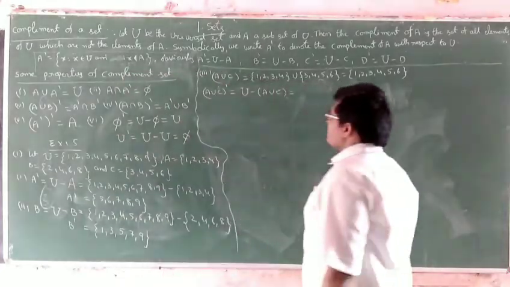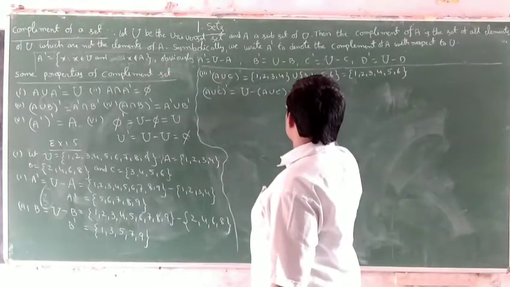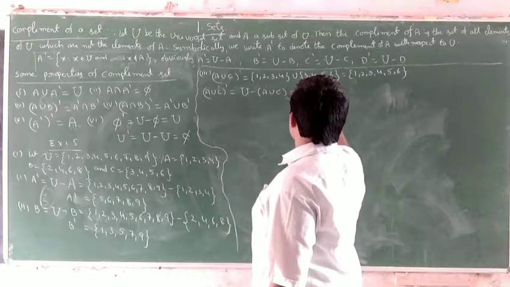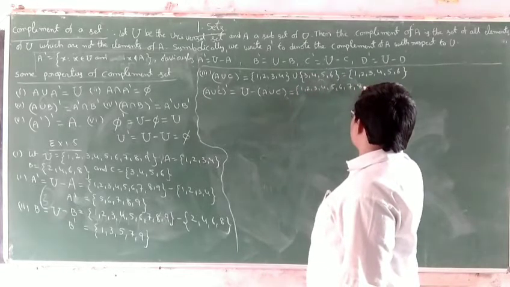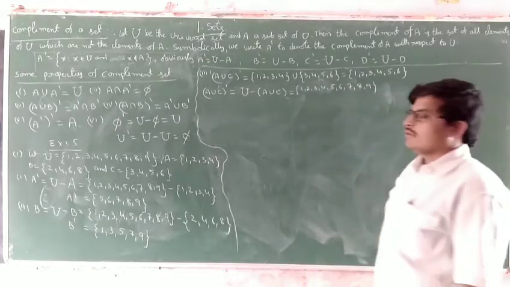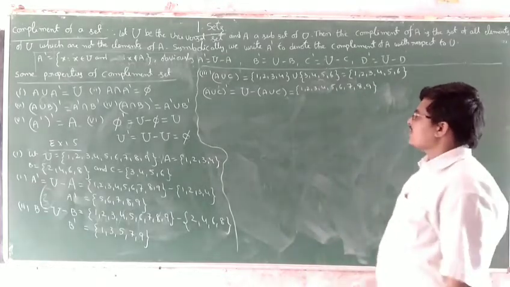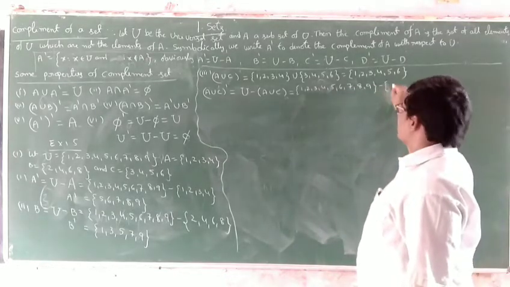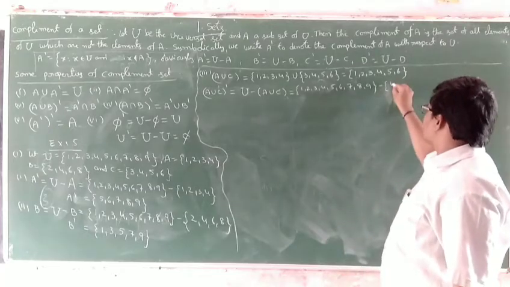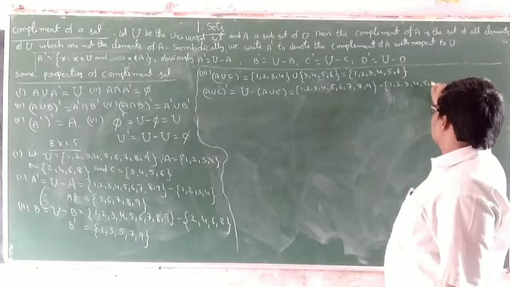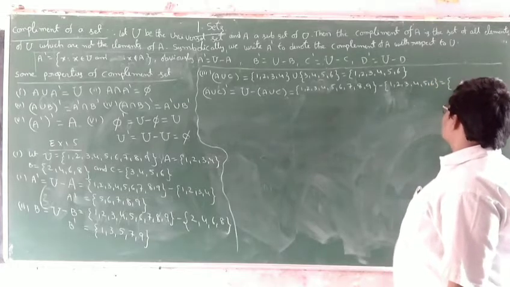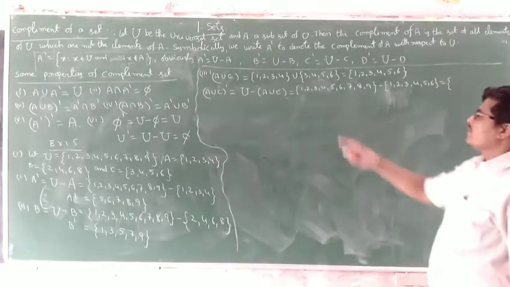The universal set is {1, 2, 3, 4, 5, 6, 7, 8, 9} minus (A union C), which is {1, 2, 3, 4, 5, 6}.